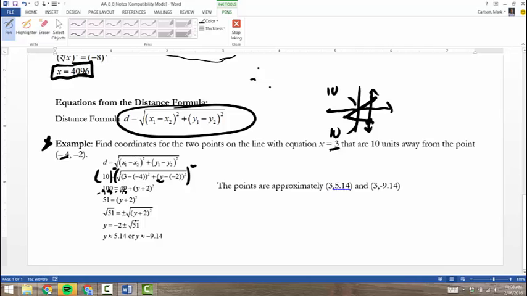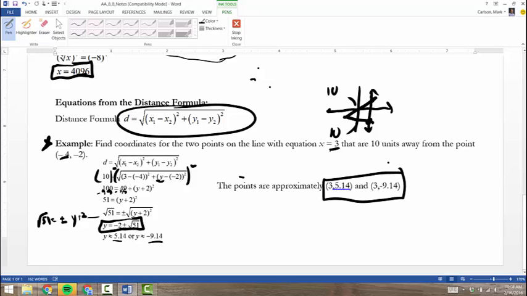So at this point, the square root of 51 is equal to plus or minus y plus 2. Now I'm going to bring the 2 over to the other side, and then I can get both of those values approximately, so about 5.14 and negative 9.14. Those would be my two y values. So in terms of ordered pairs, I would write it like that.